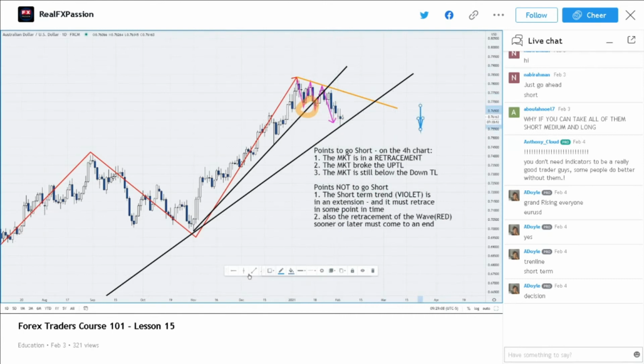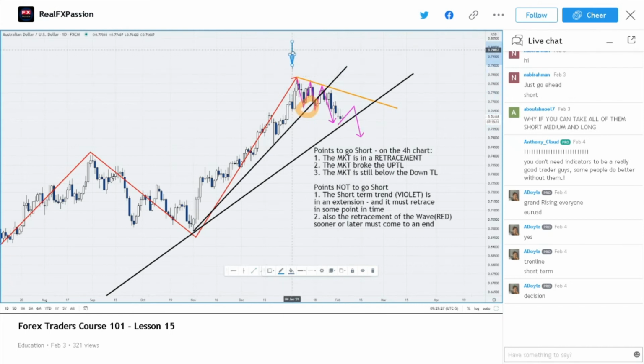But because the market must wave at some point in time, it must retrace if it's going to continue its path down. So it must retrace, and this is from the previous lessons, everybody.